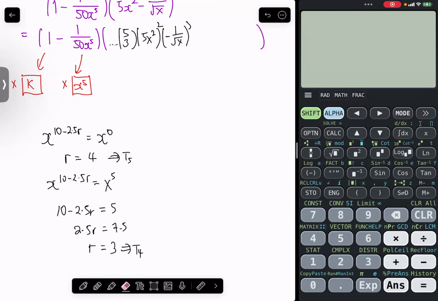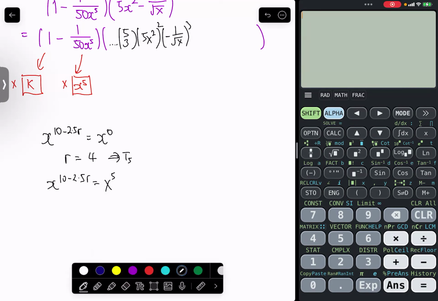Wait, common mistake, sorry. Okay, this is supposed to be x to the power of 10 minus 2.5r equals 5. So 2.5r equals 5, r equals 2.